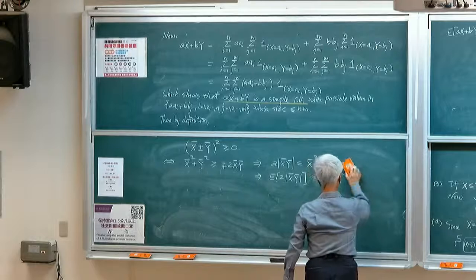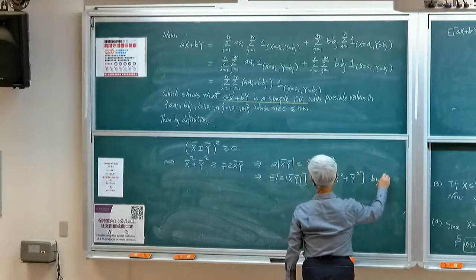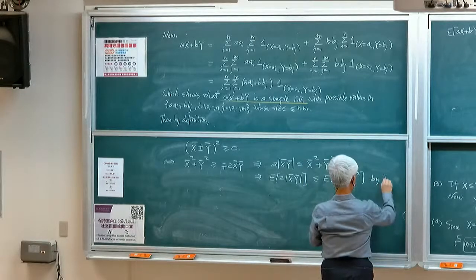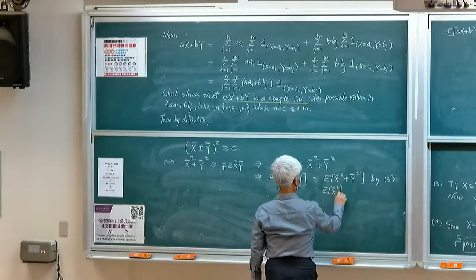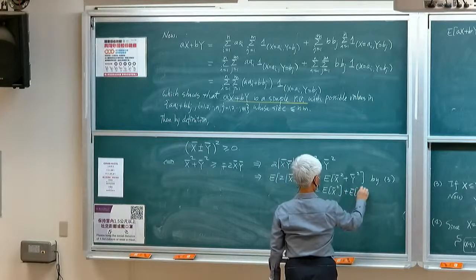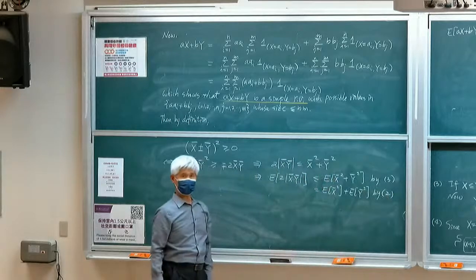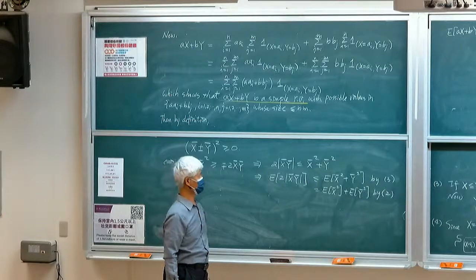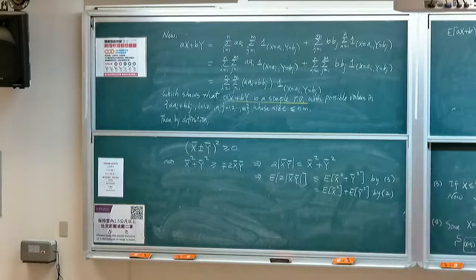By the third property, and by property 2, by linearity. But what is the reason why we do that?